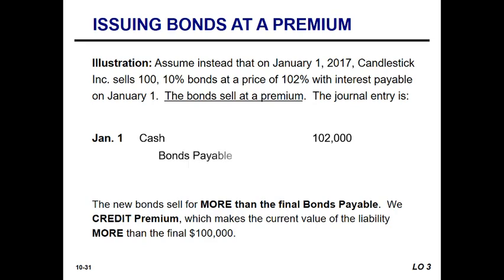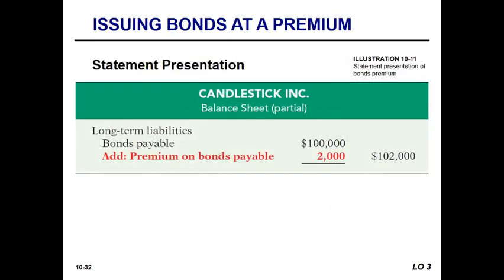So our bonds payable account is $100,000. We will credit to an account called premium on bonds payable $2,000. This is going to show the current value of the liability being more than the final $100,000. This slide's going to show us the general representation of how that would look on the balance sheet.